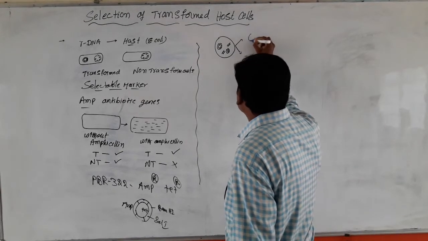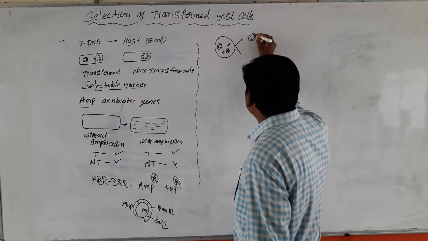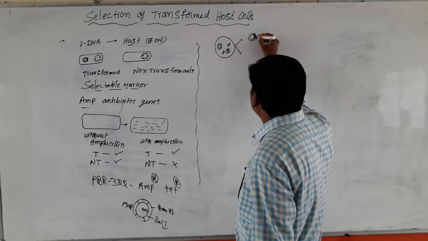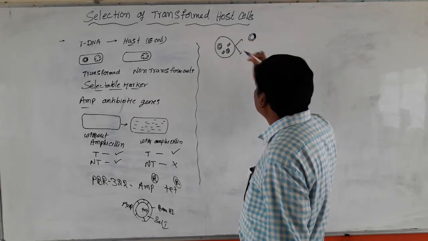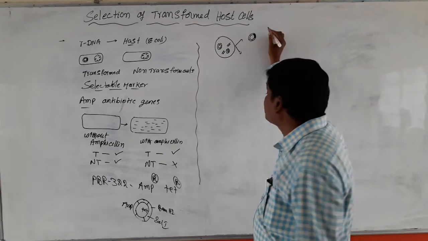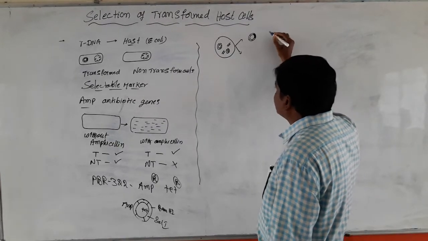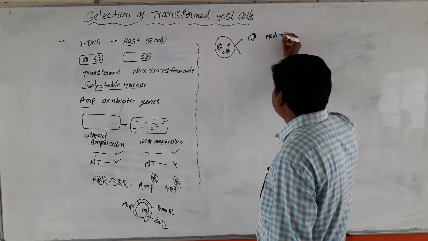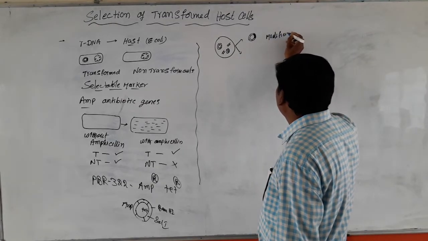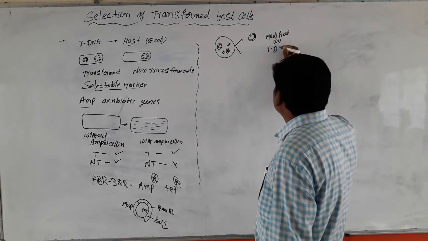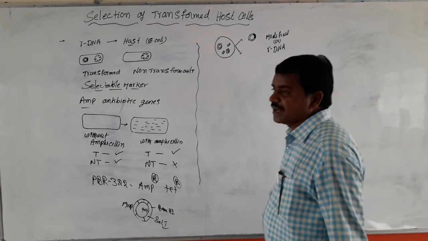Some plasmids take up the desired genes like this. These plasmids are considered modified plasmids, also called recombinant DNAs or recombinant plasmids.